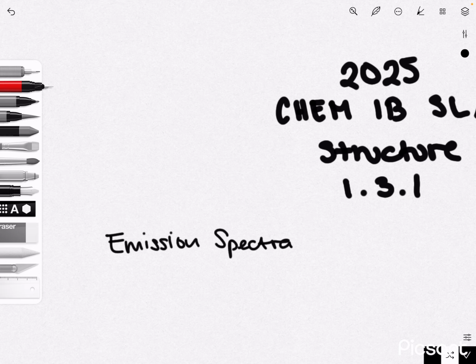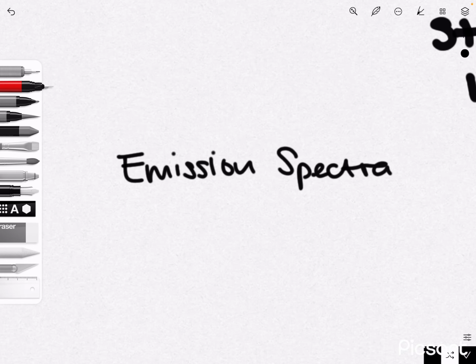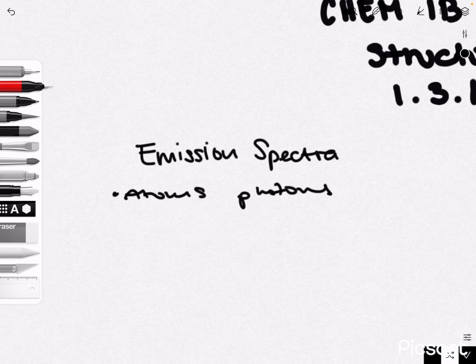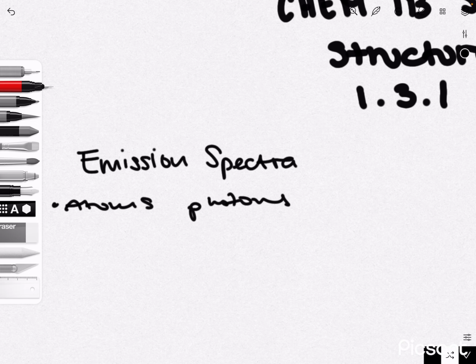To understand emission spectra, some key ideas that we need to keep in mind is that atoms emit photons as they transition from higher to lower energy levels.